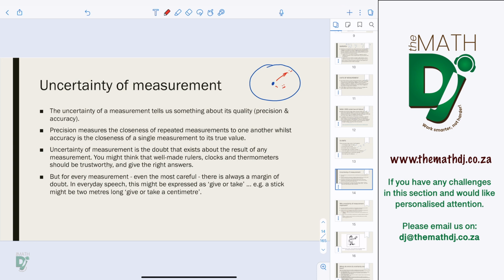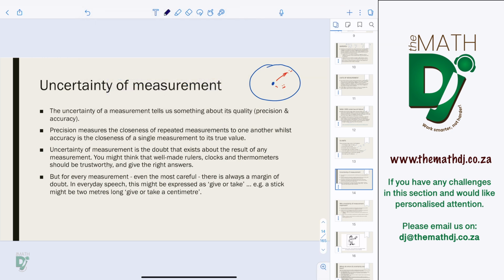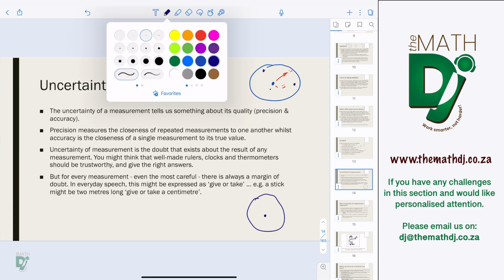Then the other example would be that you might not be precise. Let's say the first throw is here, the other one is here, then the other one is here. In this case, we can say you are not precise. You understand what I mean? So you can be not precise, yet accurate. Let me draw here to avoid confusion. Okay, choose maybe green.